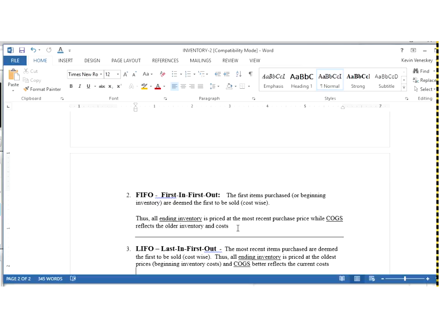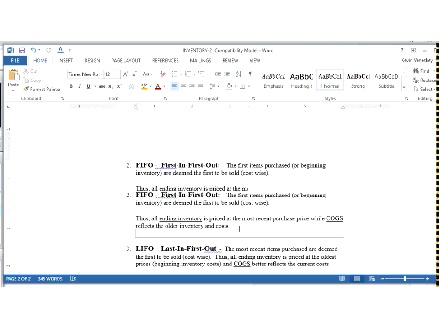So all my ending inventory is priced at probably the more current pricing, because that is the most up-to-date, whereas my cost of goods sold may not be quite as accurate because it's selling the older stuff, which very well could be a lower price if you're looking at a period of rising prices, which is probably the most common.